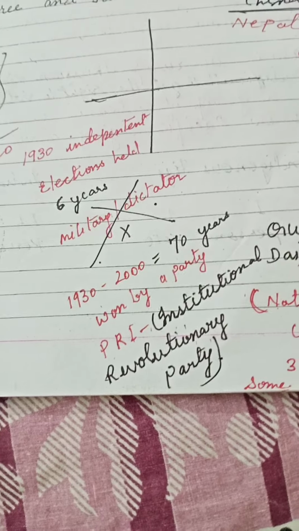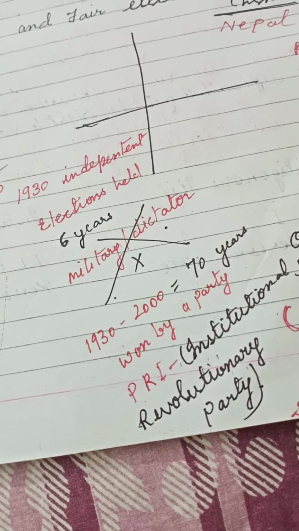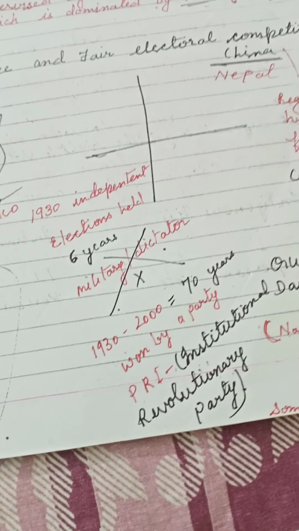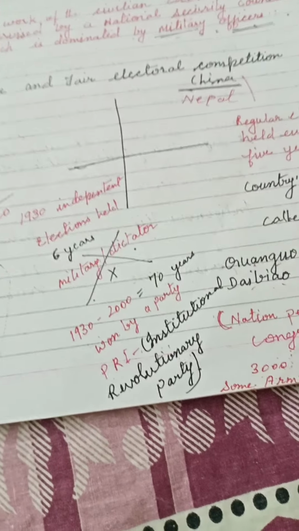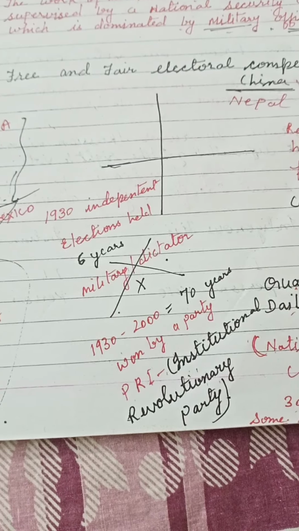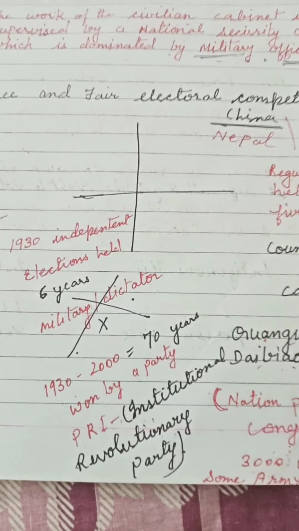Is it possible that one party can rule continuously for 70 years, and within these 70 years there is no discrimination? Is it possible? No, it's not possible.